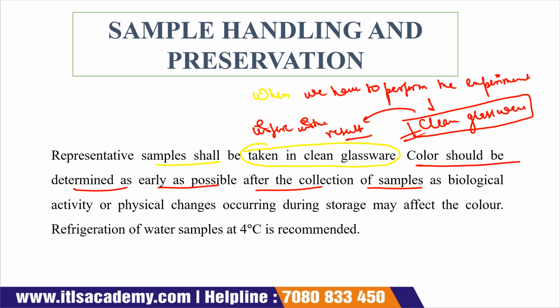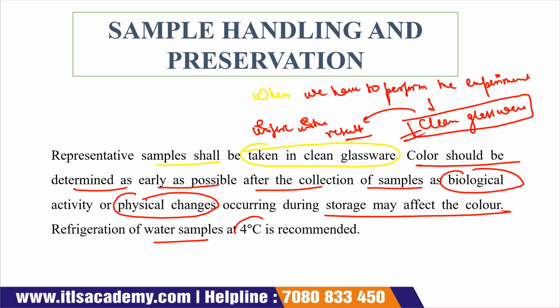When we collect a sample, we have to determine the color as soon as possible. Otherwise, there is biological activity and physical changes occur when we store the sample, and it will affect the color of the water. Refrigeration of the water sample at 4 degrees Celsius is recommended.